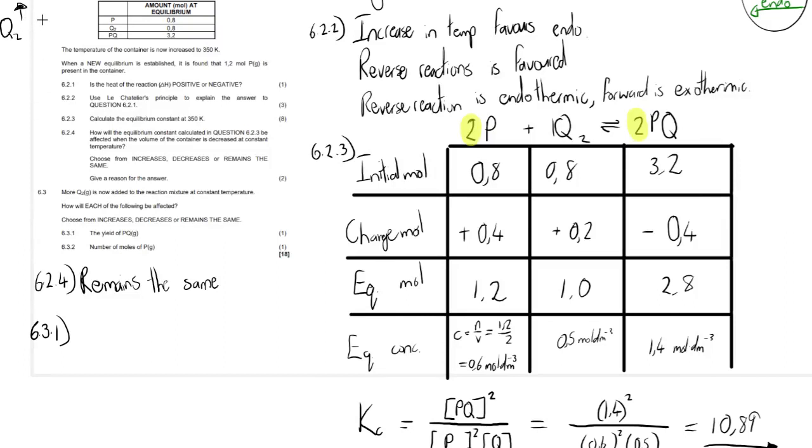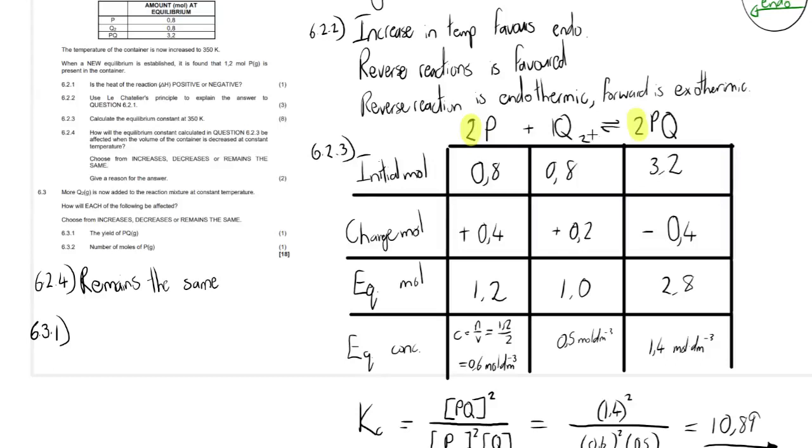And so Le Chatelier says that the reaction that opposes the change will be favored. So if I'm increasing the concentration of Q2, the reaction that decreases it will be favored. The yield of PQ will increase, 100%. You're 100% correct, because the forward reaction is being favored.